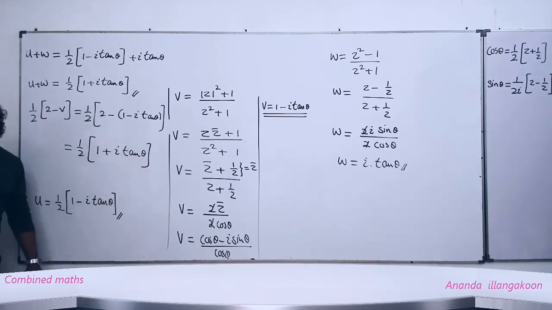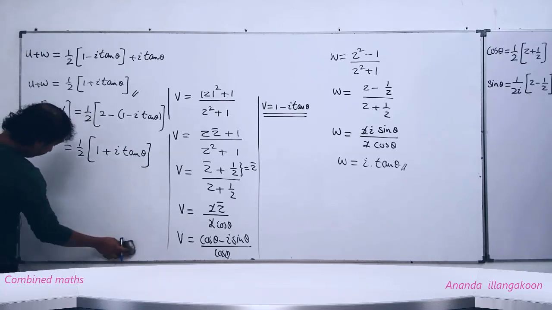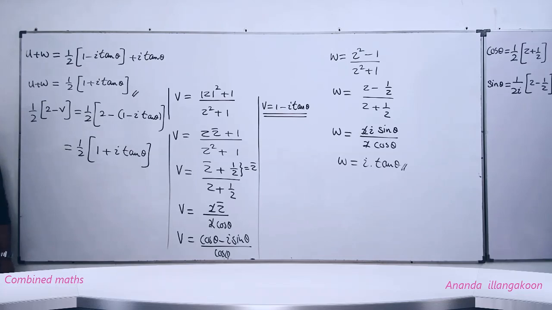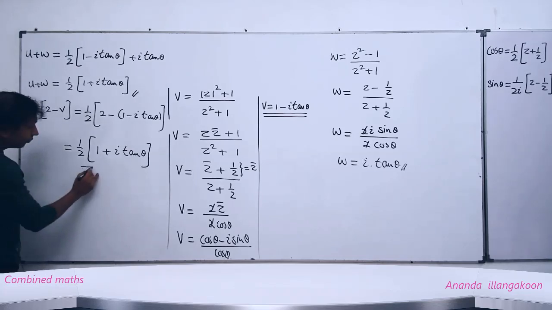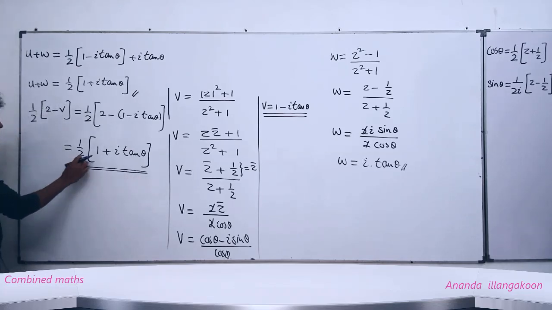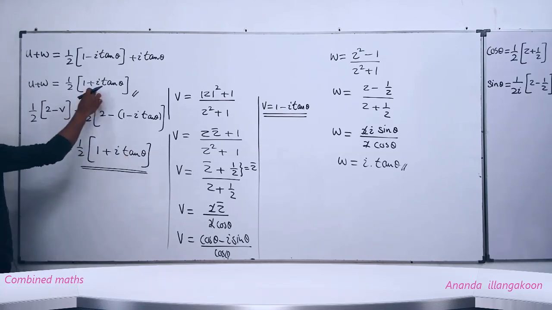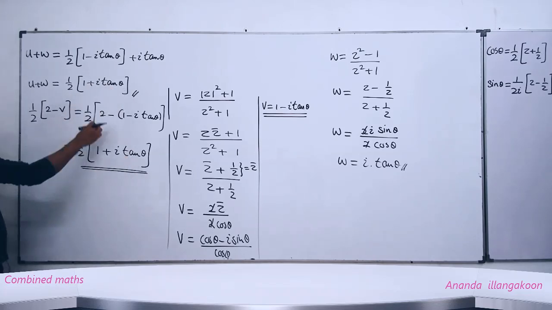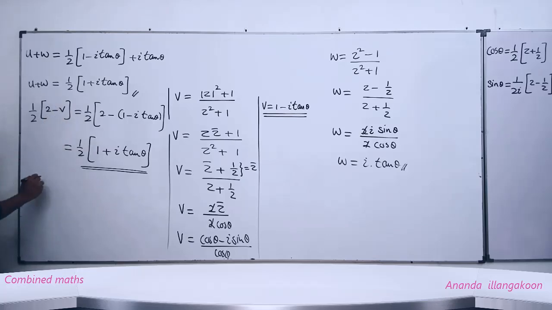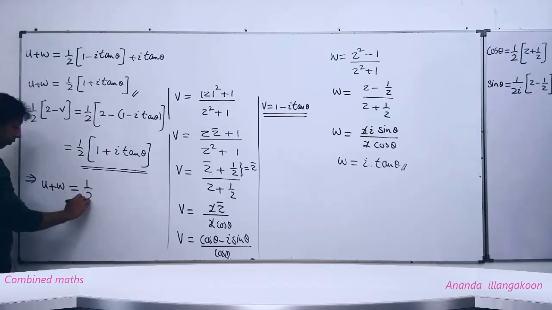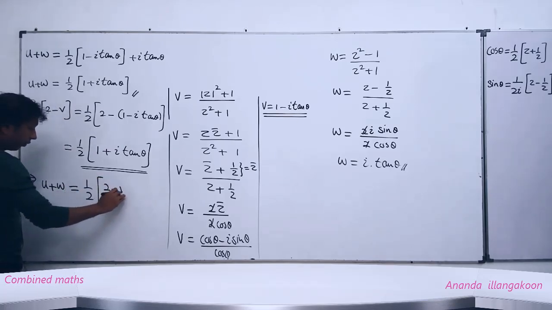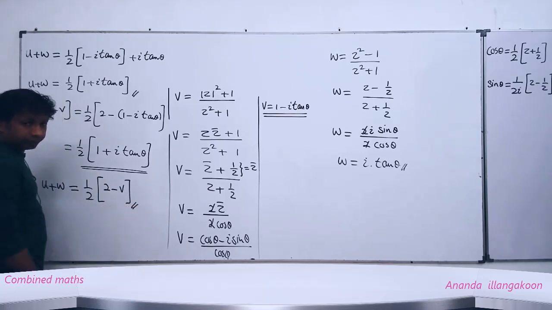Right? We get like this. You can see here half (1 + i tan theta), half (1 + i tan theta). The right hand side is equal. So therefore the left hand side must be equal. This implies U + W is equal to half (2 minus V). That answer coming.